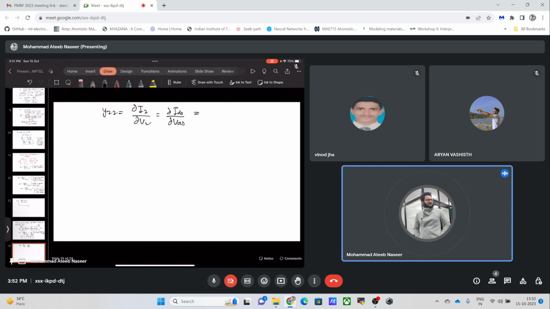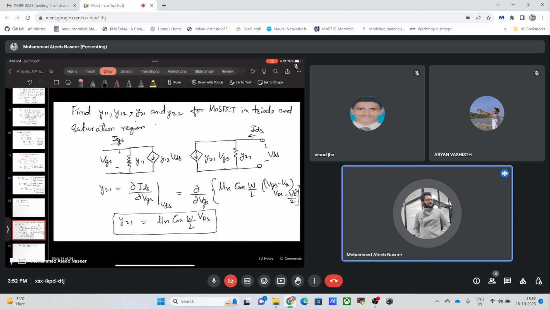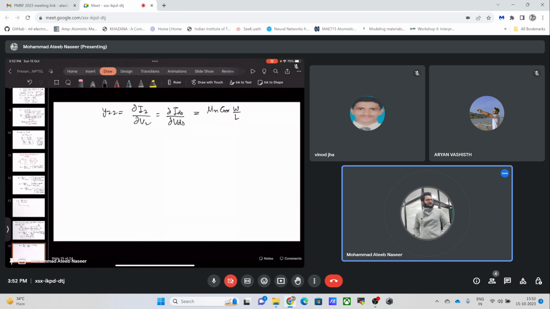So in this equation mu n Cox W by L, if I differentiate with VDS, it would be VGS minus VTH minus VDS.